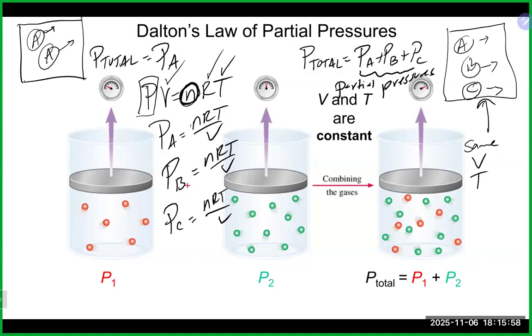Now, because these are assumed to be under ideal conditions, one of the things that makes something an ideal gas, as we might have touched upon, is the idea that in an ideal situation, there really is no attraction between different gas molecules. There's no repulsion between different gas molecules. They essentially just don't interact with each other under ideal conditions.